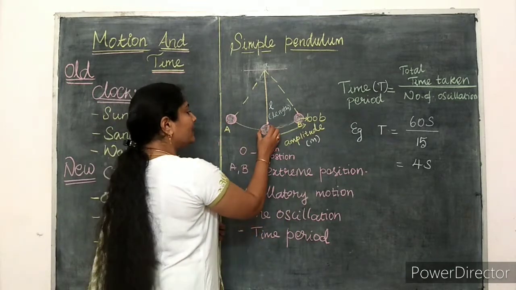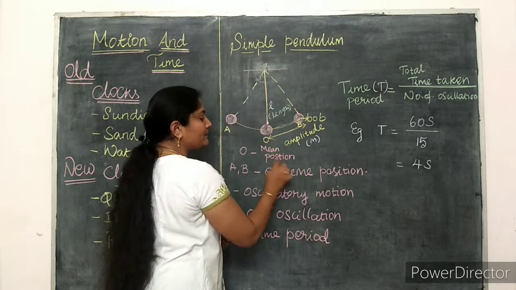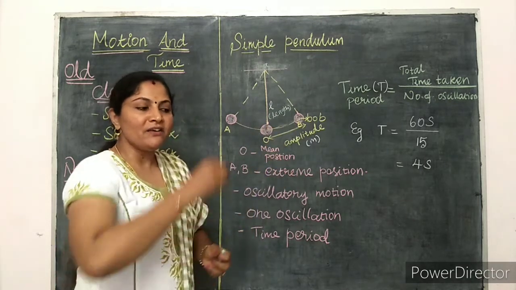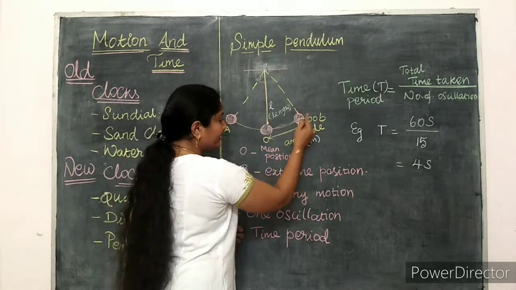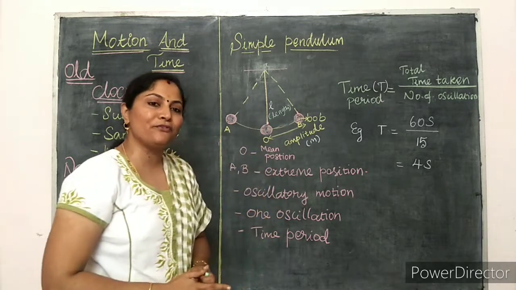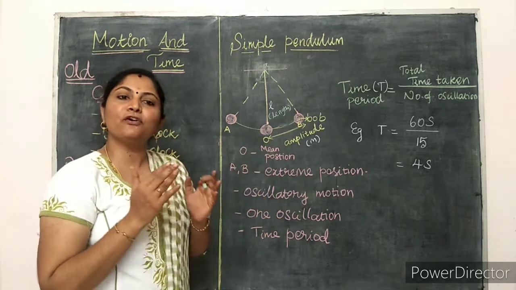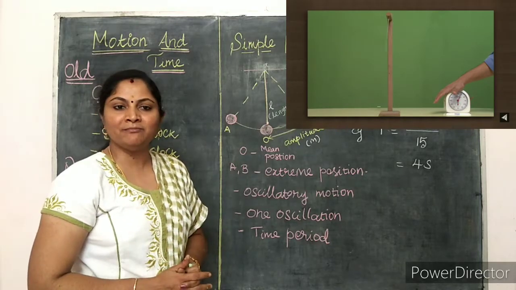When it is at rest, that rest position is said to be the mean position of the simple pendulum. When it is displaced through a certain distance, it will move to and fro, that is, it will execute to and fro motion. That to and fro motion of the simple pendulum is said to be oscillatory motion.